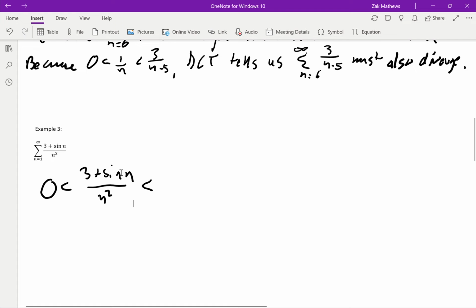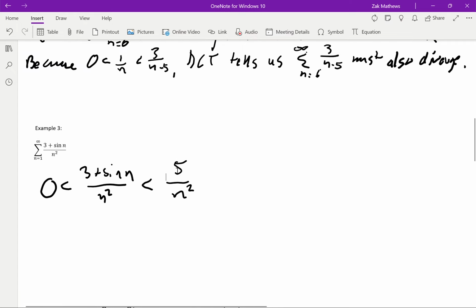Well, what we just said, the sine of n is going to at its most be 1. So if I wanted to, I could choose something like 5 to put in the numerator, because if this is at most 1, well, 3 plus 1 would be 4. Well, 5 is clearly larger than that. So I now have a true inequality, and I have something I know converges because of the p-series, p is greater than 1.